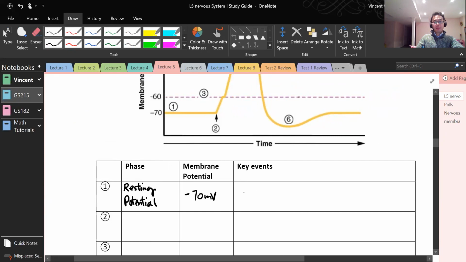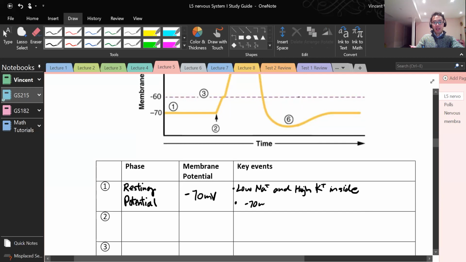Key events: nothing is happening, so we have low sodium and high potassium inside the cell. And what creates this -70?